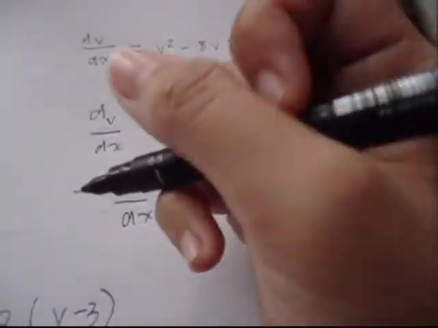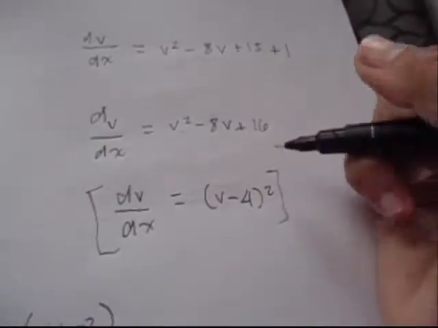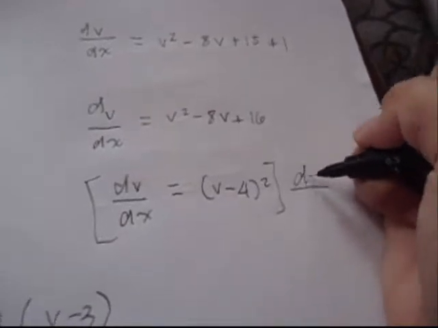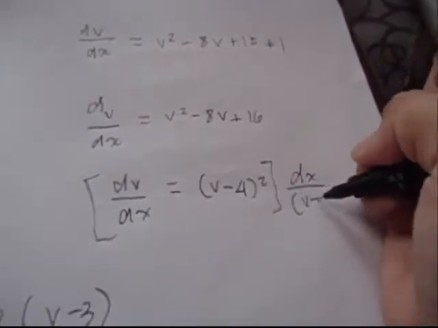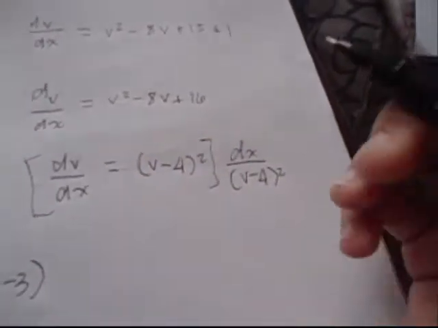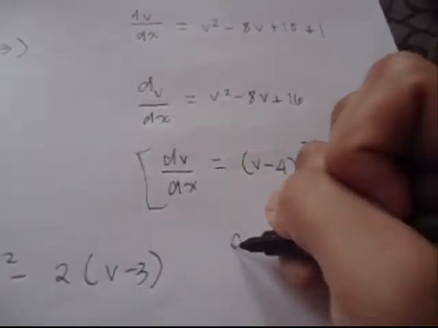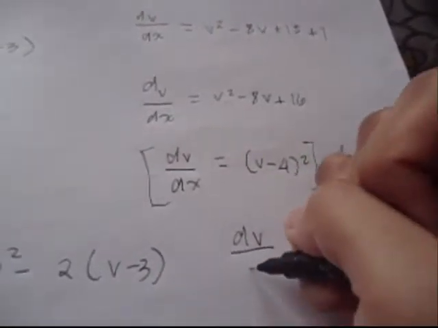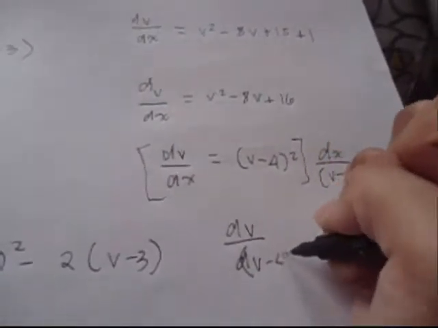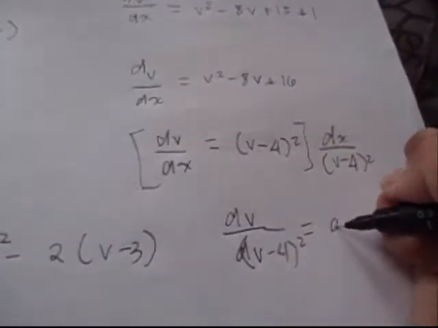Then multiplying both sides by dx and dividing by (v minus 4) squared, we have dv over (v minus 4) squared is equal to dx.